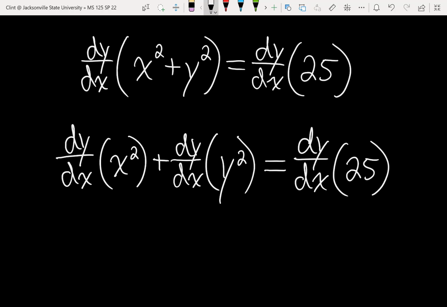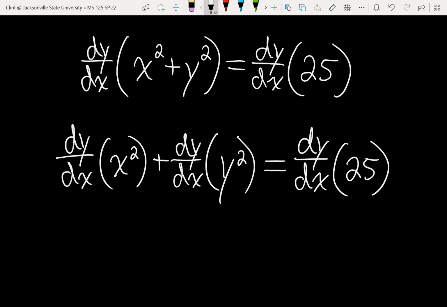So with the first term, I've got x squared, and we want to take the derivative. That's not really any different than anything we've been doing. We're just taking the derivative of something with an x, so we can use our regular derivative rules.